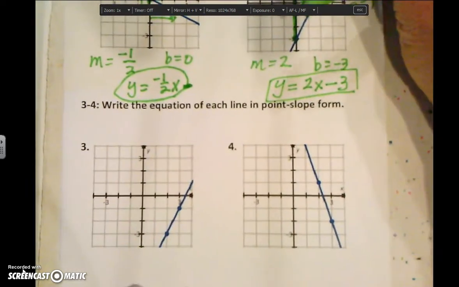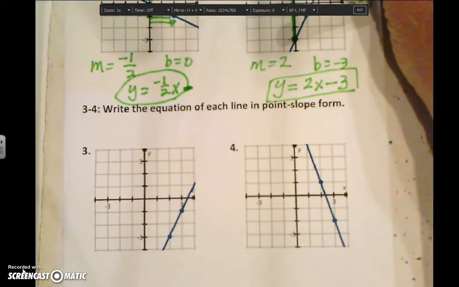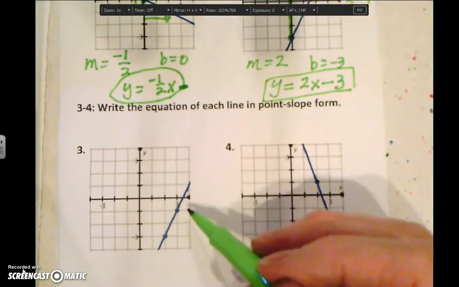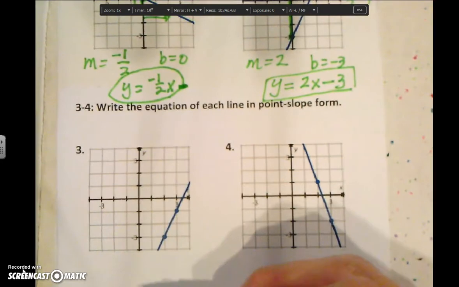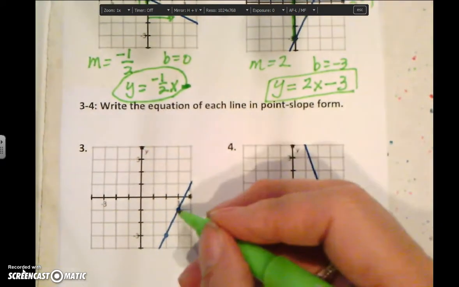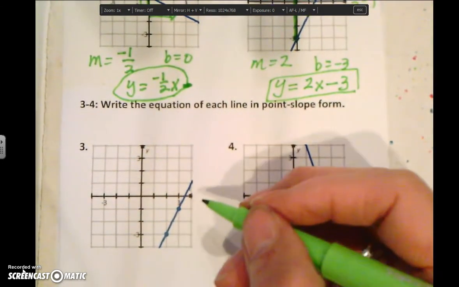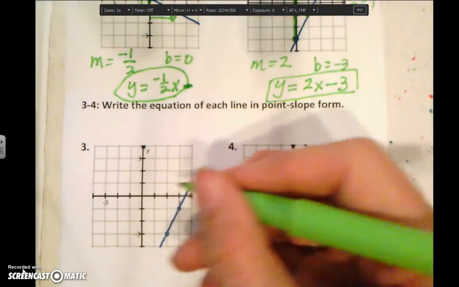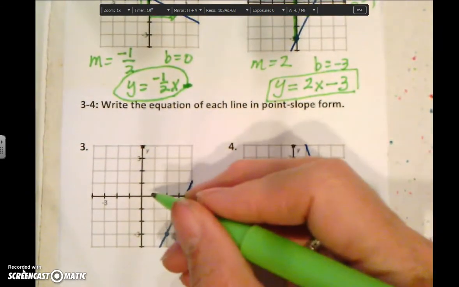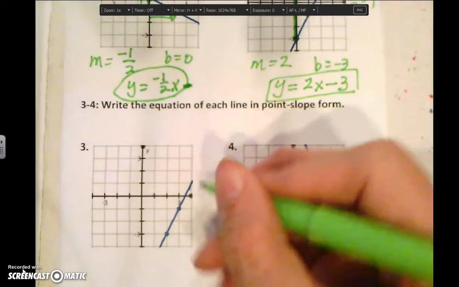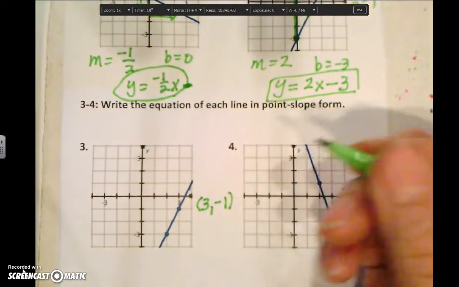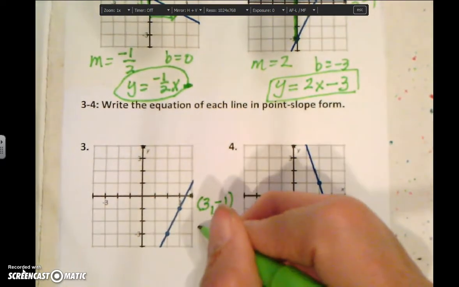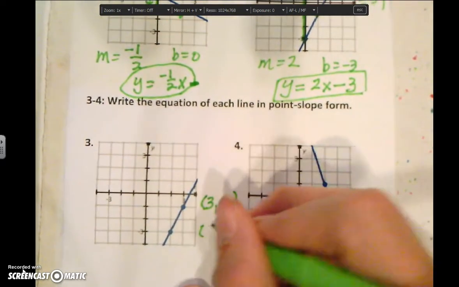3 and 4 say to write the equation of each line in point-slope form. If you notice here, this is drawn so that you can't really see the intercept, so we can't use slope-intercept form, but we are given 2 points. And so we can choose either one of them. This first one here has (3, negative 1), or I could use here (2, negative 3).